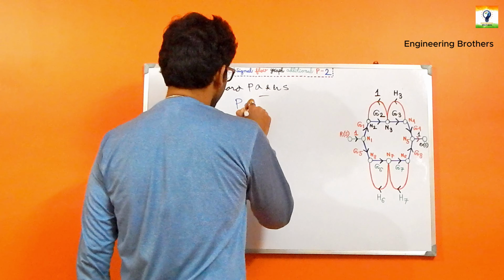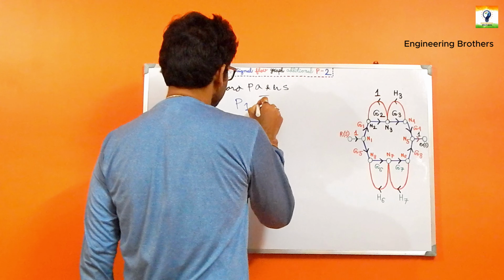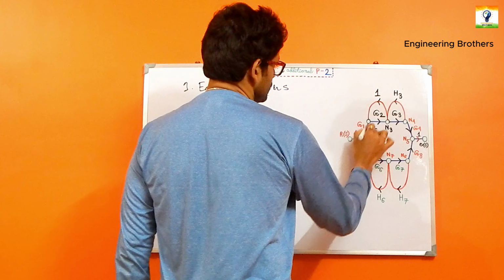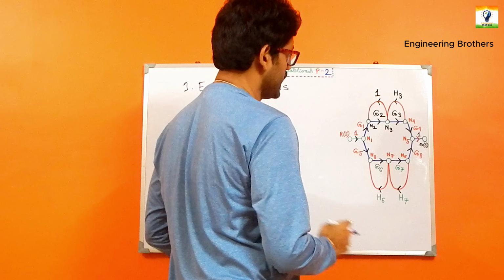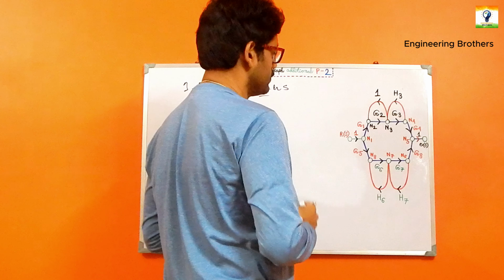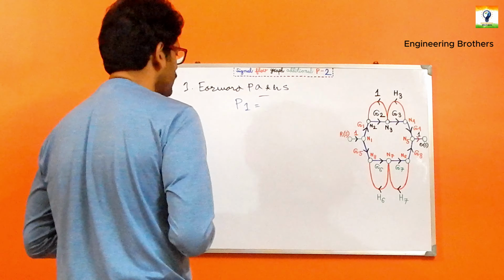The first forward path I'm going to name P1. This one is G1, G2, G3 and G4, and we simply multiply these gains along this path to get the first forward path.